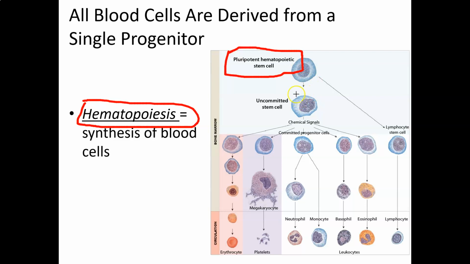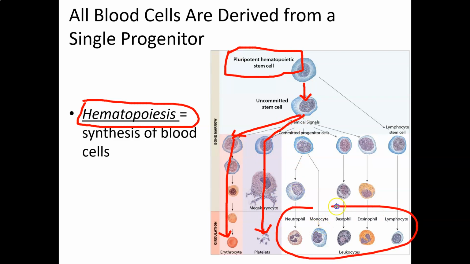And so if you look right here, if it undergoes the right chemical signals, which we'll talk about, it can eventually go all the way down and become a red blood cell. It can become platelets. It can become all 5 of our different white cells as well.